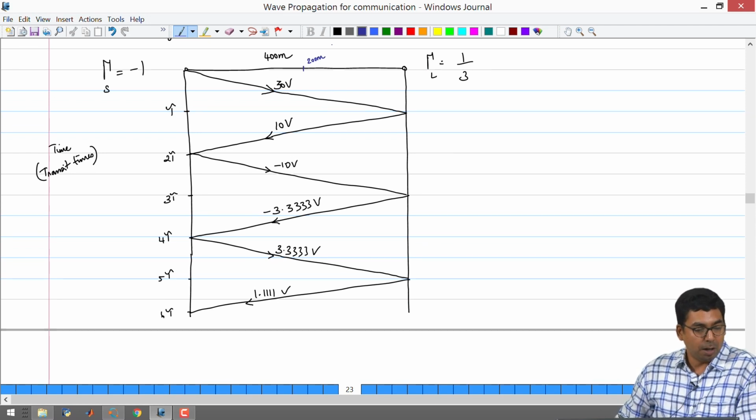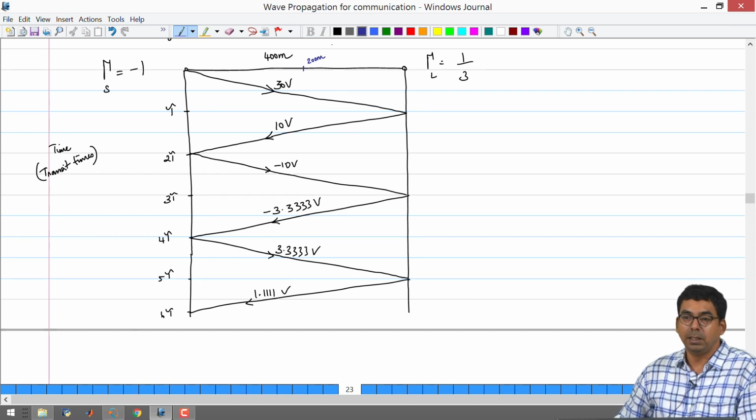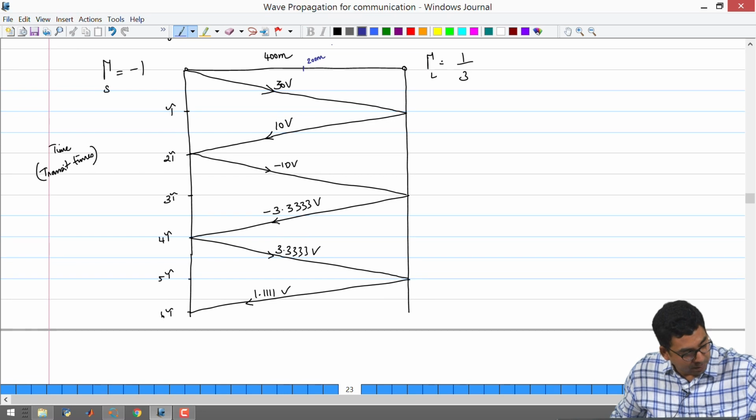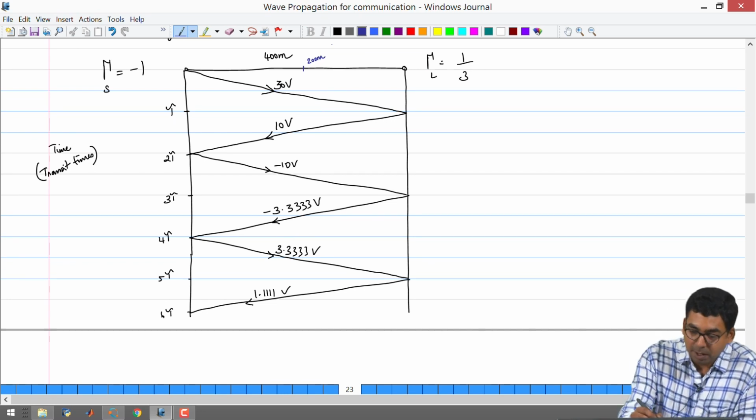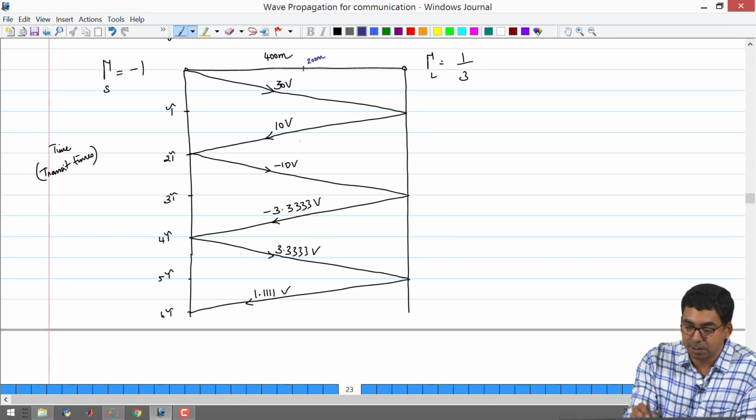Or you could be asked at the position 300 meters, how does the voltage change with respect to time? Okay, these are the questions that can be asked. So you can start with a scenario where you have 200 meters, and after 2 transit times from the time your voltage was launched to the left hand side.